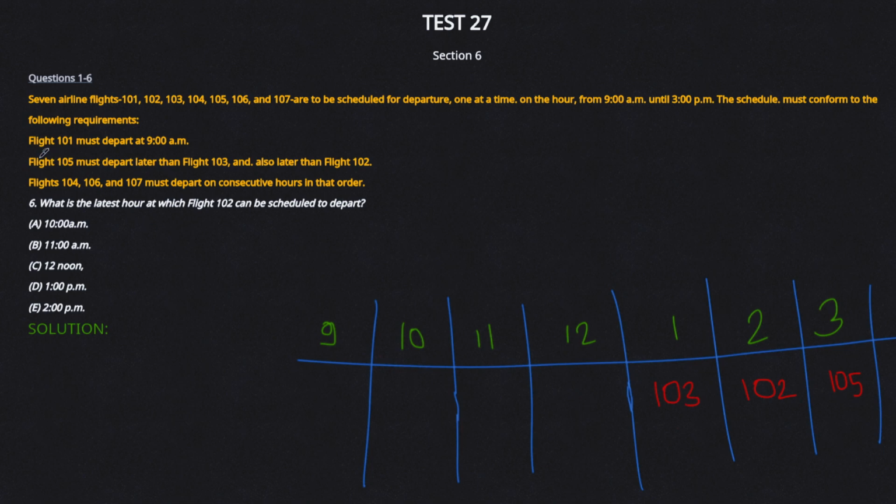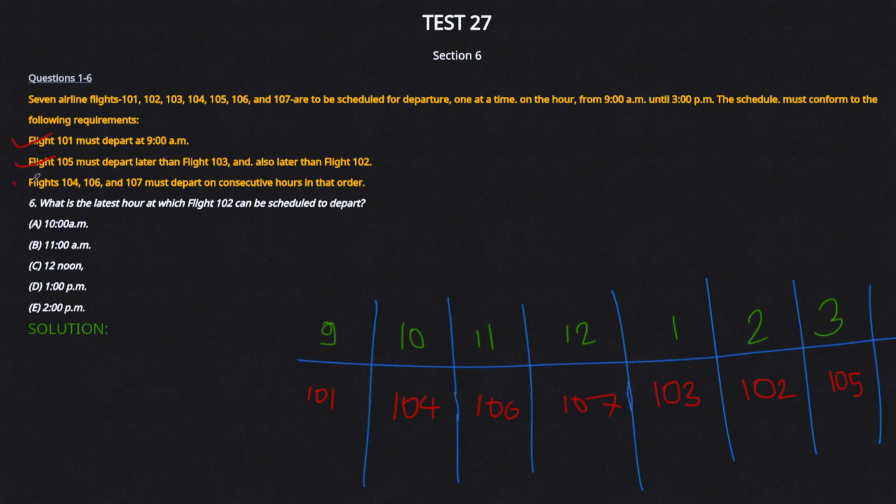So we have picked out this condition here. And then we know 101 has to be at 9. So there goes 101, and this one is ticked out. Flight 104, 106, and 107 must depart on consecutive hours in that order. Once again, you can just place them here: 104, 106, and 107.